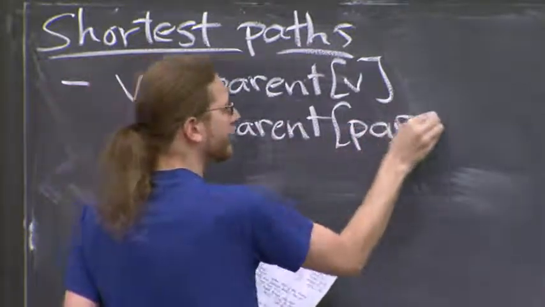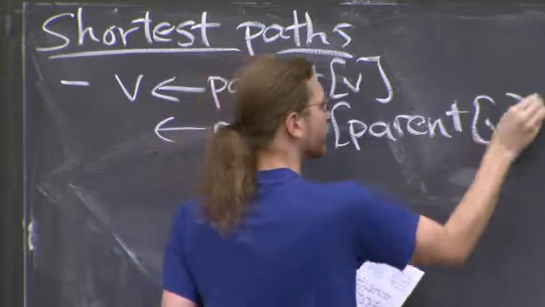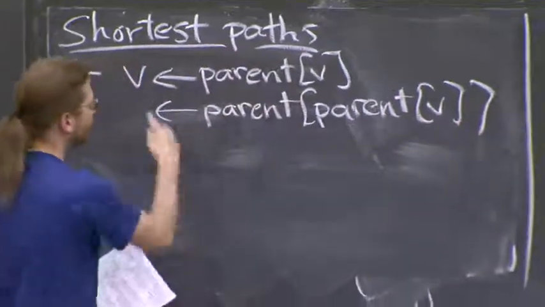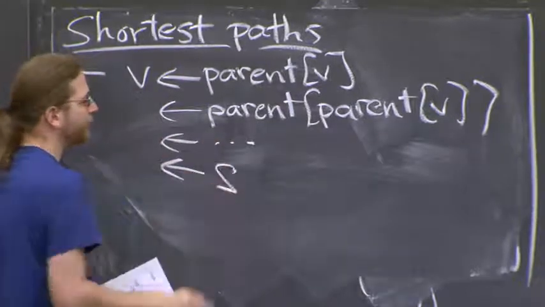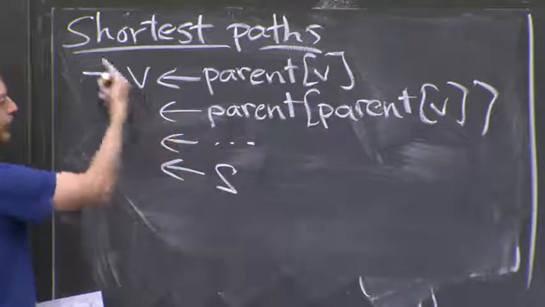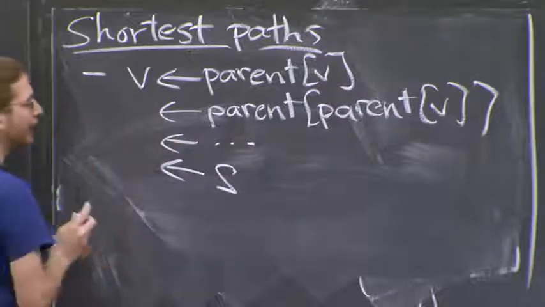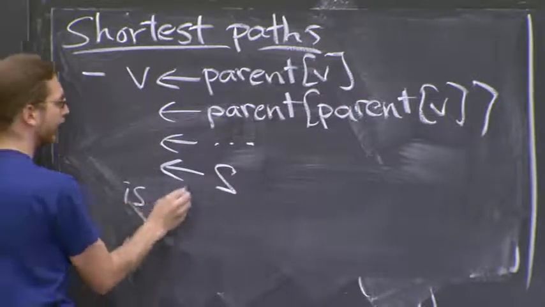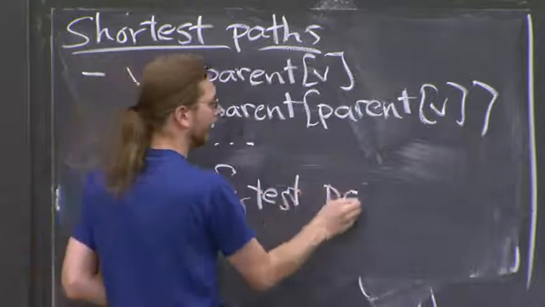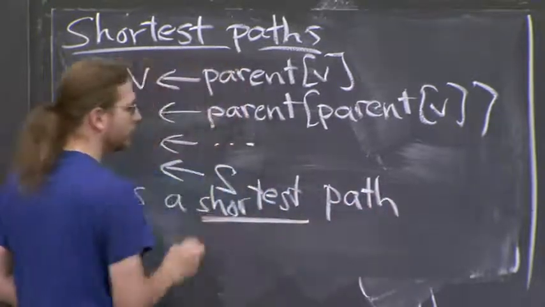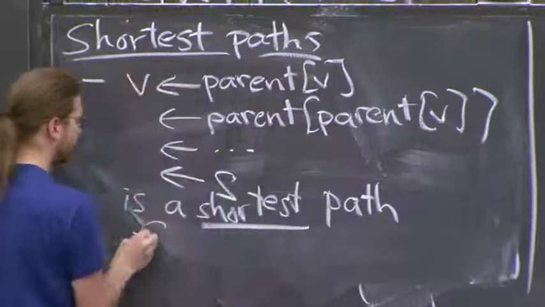If you take a node and you take its parent, you take the parent of the parent, and so on, eventually you get to S. And if you read it backwards, that will actually be a path in the graph. And it will be a shortest path in the graph from S to V.